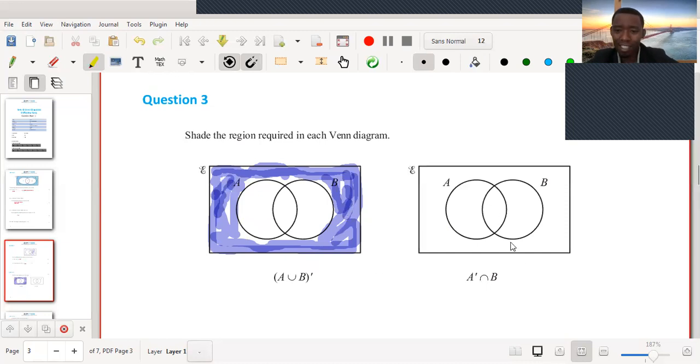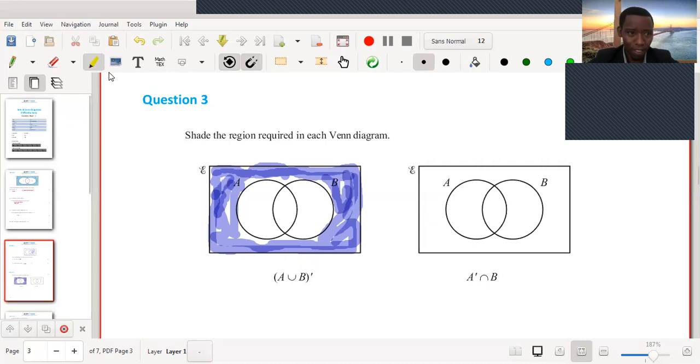And then here, A complement intersection B. A complement means everything which is not in A, and also intersection with B. Let's first shade everything which is not in A. And when I shade twice, that will be the intersection.